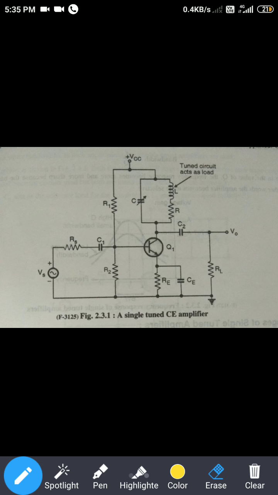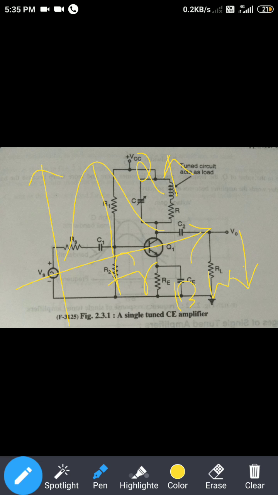Due to this tuned circuit, we get a sharp frequency response at the resonating frequency, where the Q value goes on increasing, hence the bandwidth goes on decreasing. So this was all about the single tuned amplifier.